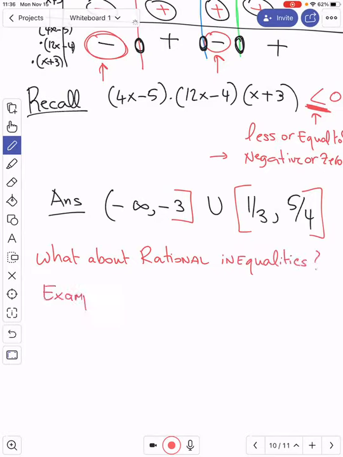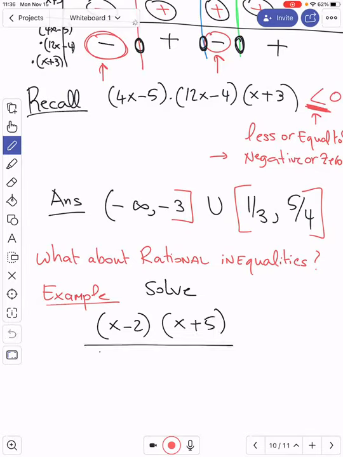So let's have an example. Let's say you want to solve x minus 2 times x plus 5, over x minus 1 times x plus 3, where the product is multiplication, and the whole thing is strictly less than 0.